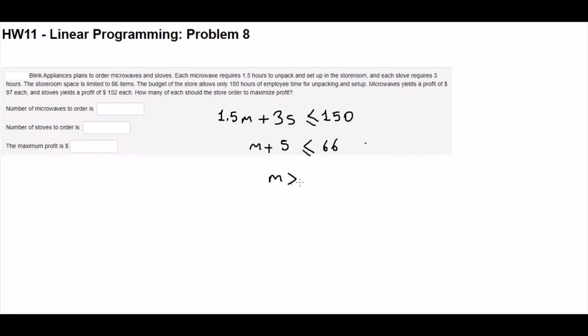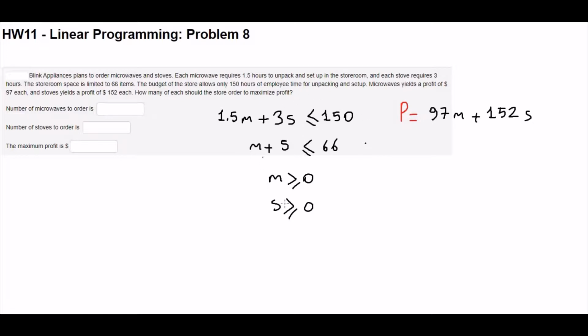And m is greater than or equal to 0 because we can't have negative production, and s is greater than or equal to 0. These are our constraints. Our objective function is our profit function, which is $97 for each microwave, m, plus $152 for each stove.